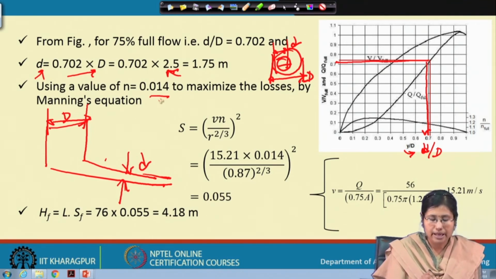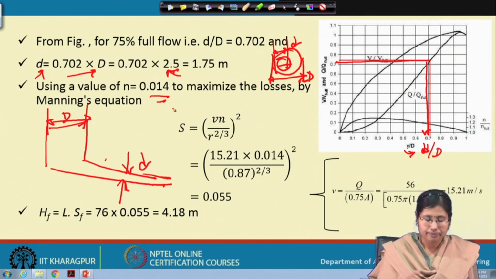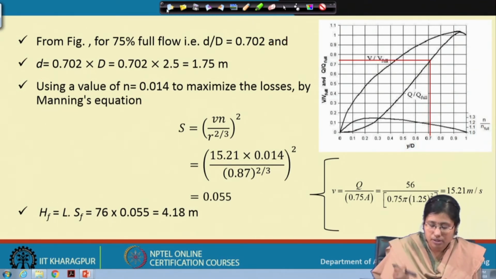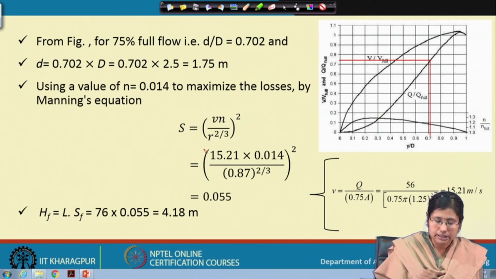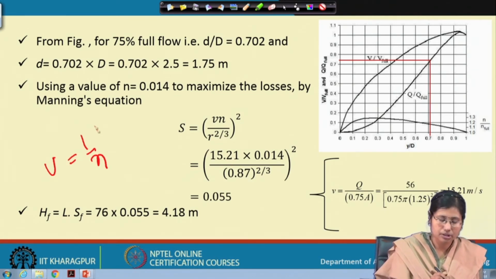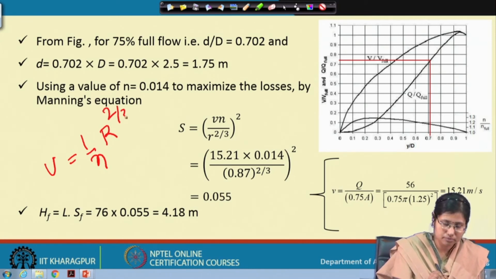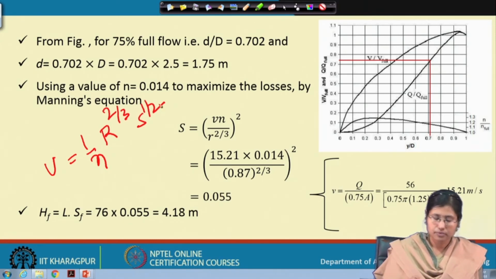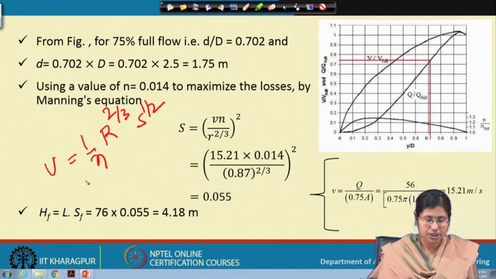Now, you assume the Manning's roughness coefficient for natural flow as 0.014. Now, this is the universal equation for the velocity of flow through an open channel.